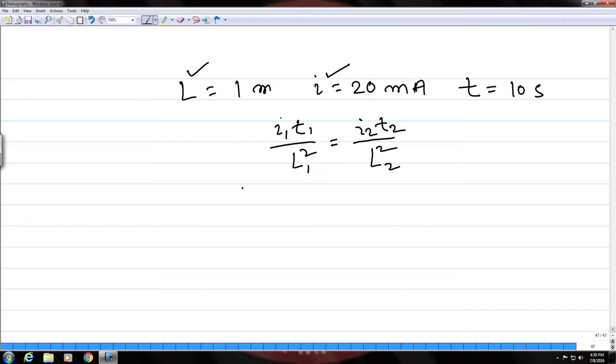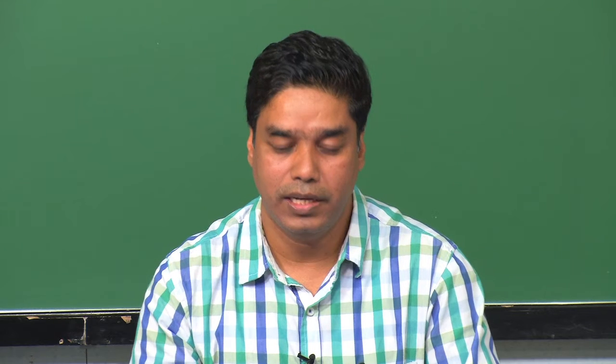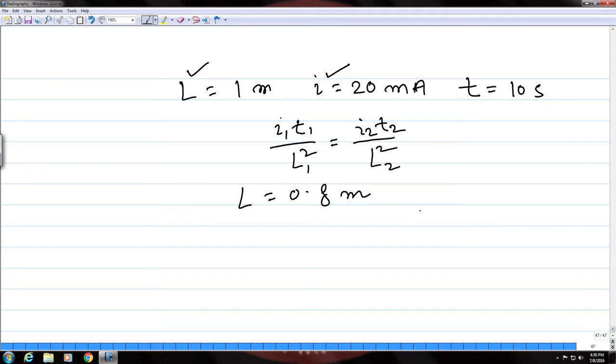For example, if you change L to 0.8 meter from 1 meter, then for the same tube current, the time needed for a similar quality of image, the exposure time for that will be, because this varies as the square of the distance.